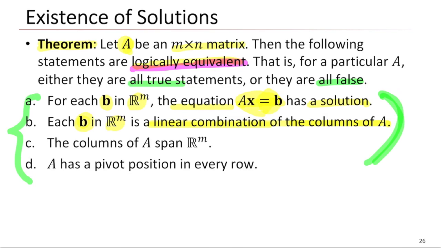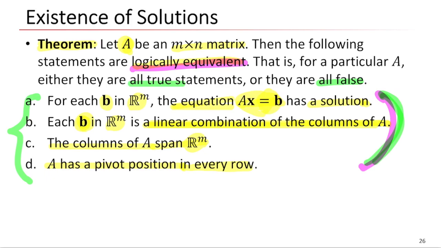Inversely, if the equation Ax equals b has a solution, the vector b is a linear combination of the columns of A. Okay. Another statement here. The columns of A span R^m. Okay. The last one is A has a pivot position in every row. What does that mean?